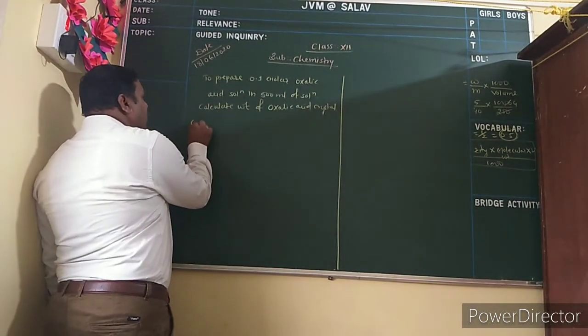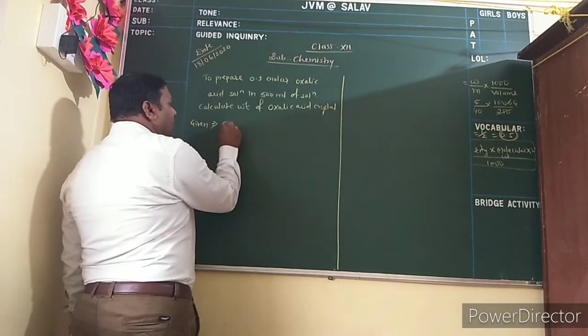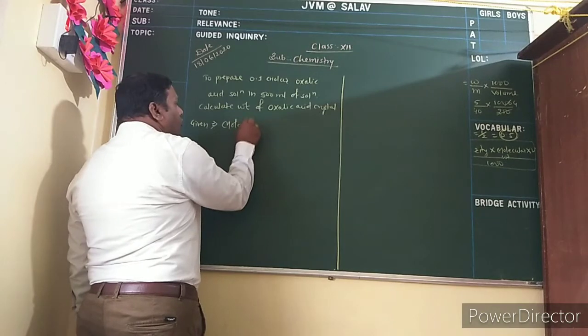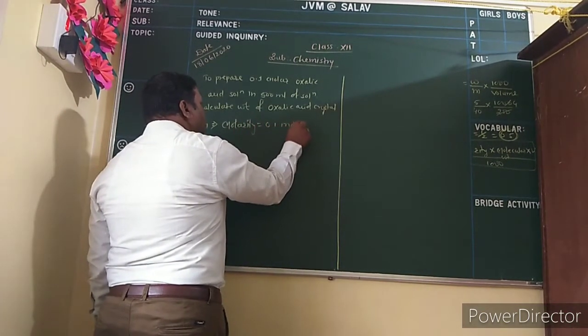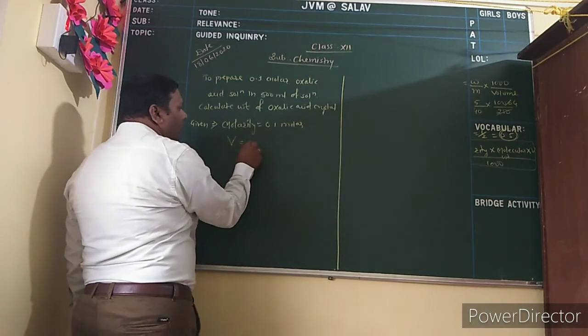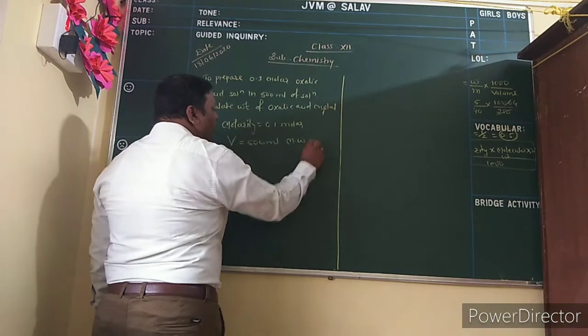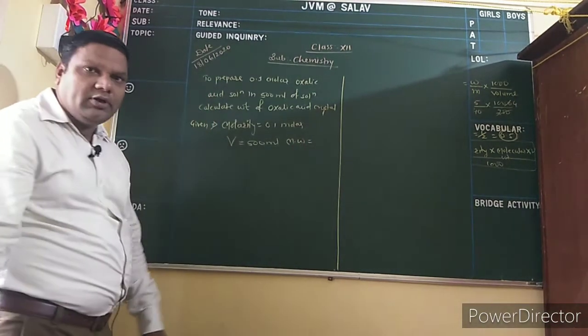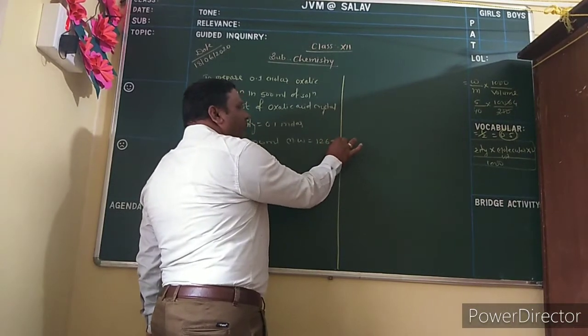Now first of all you write the given quantity. What is given? Molarity is given, 0.1 molar. Volume is given, and molecular weight is not given, but you have to know the molecular weight of oxalic acid. It is 126 gram.